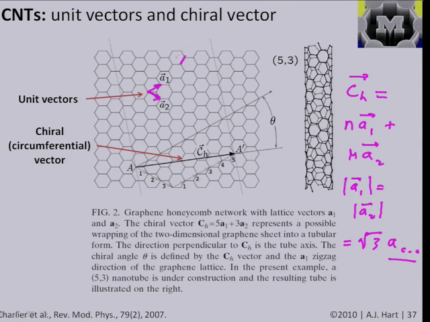So this distance here is a_CC. And so this is equal to about 2.46 angstroms, so that's about a quarter of a nanometer. And if you work a lot with carbon materials, this is a number that, like definitions of length scales, you have set hardwired in your brain.